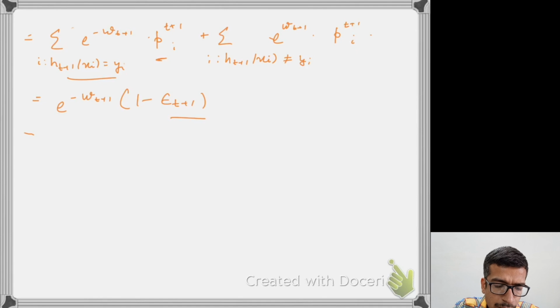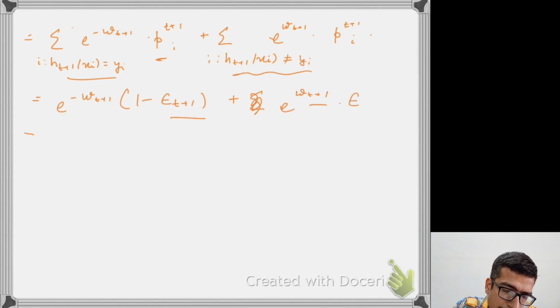So this is the classification error of the t plus 1th hypothesis. And similarly, I'm going to get e to the power of wt plus 1 times the classification error. Now here essentially they do not match, so I'm going to get epsilon t plus 1.